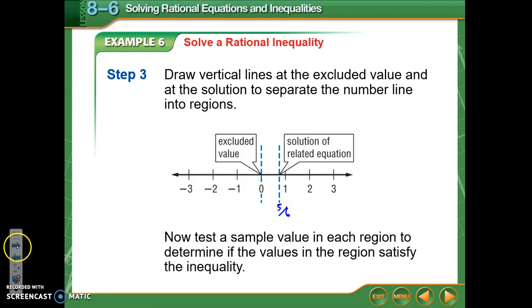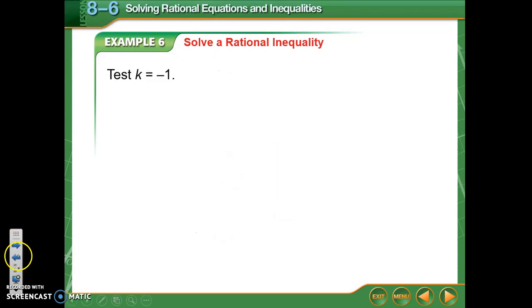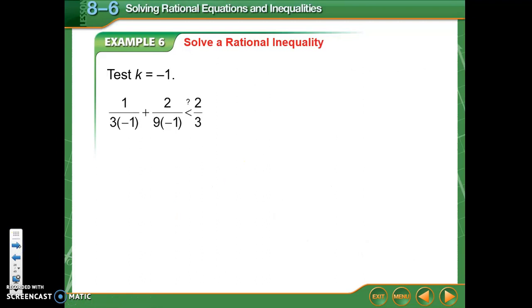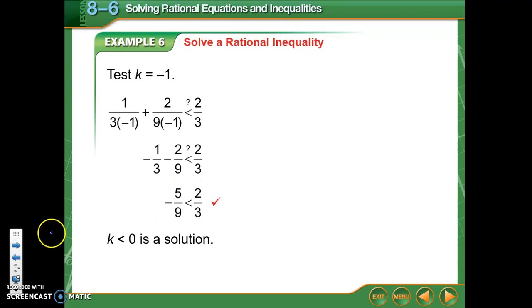Remember, we're solving an inequality, so I'm plugging into the original. So I'm going to start with testing -1, because -1 is an easy one to test on this side of 0. And when I plug it in, I end up with -1/3 minus 2/9, and I'm wondering, is that less than 2/3? And it is, because a negative number is always less than a positive number. So less than 0, that works.